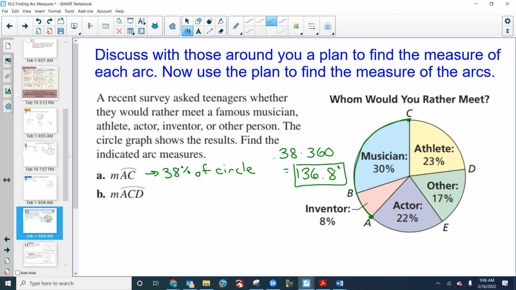So that arc took up 136.8 degrees of the circle. 38%, which is the same as 136.8 degrees.